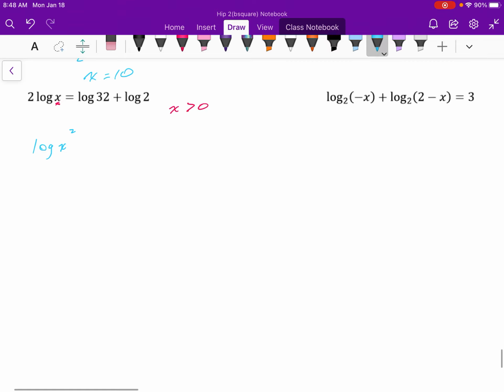On the left-hand side, I would probably choose to rewrite this as log of x to the power of 2 is equal to log of 64. Pardon me, that was way too quick. I apologize. I'm going to use the product rule, so I could rewrite it as 32 times 2. The sum of two logs can be written as a log of a product of the arguments. Very straightforward now. What can we conclude here? We can conclude that x squared is equal to 64.